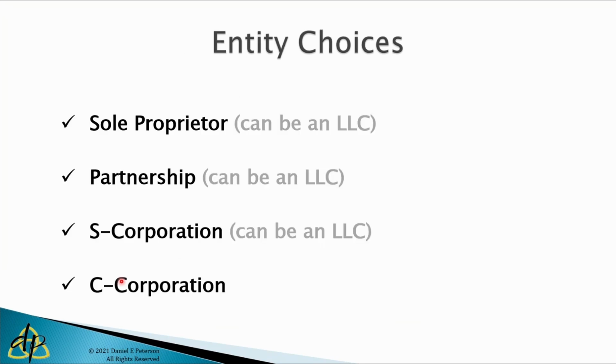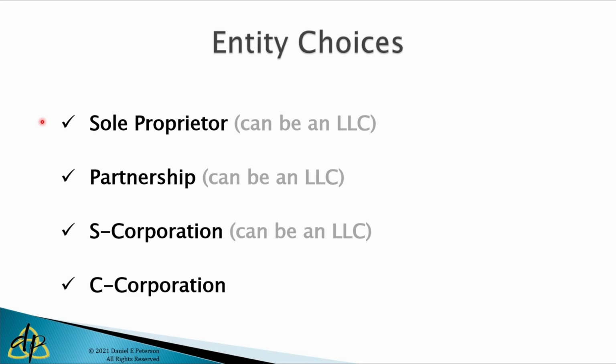These are the different kinds of entities that exist: a sole proprietor, partnership, S corporation, C corporation. The first three entities listed there, the sole proprietor, partnership, and S corporation, are all what we call flow-through entities. Basically, the partnership and S corporation are federal reporting entities that will report the income to the federal government, but then the income of the entity flows through to the individual shareholder or partner or member of that entity.